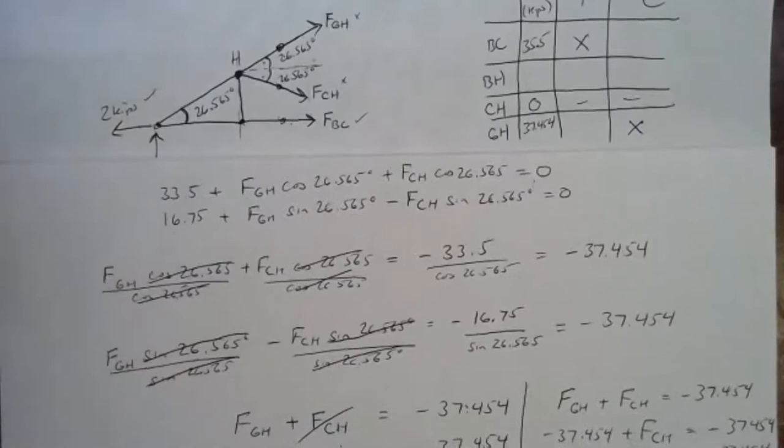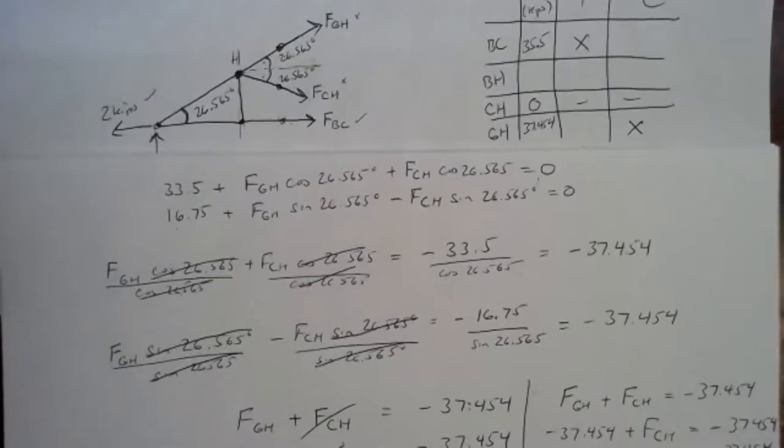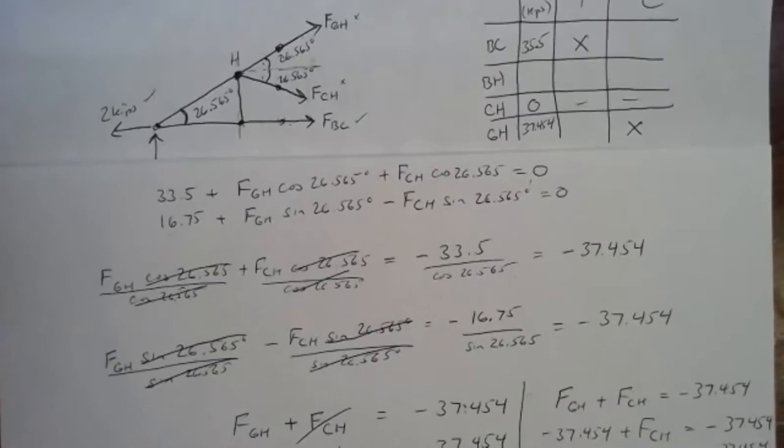It doesn't mean that member CH is totally useless. Member CH would come into play in different loads. If maybe there was an uplifting load, or if there was some other combination of side loads and gravity loads on it, there would be an issue there. So member CH, no load on that one.